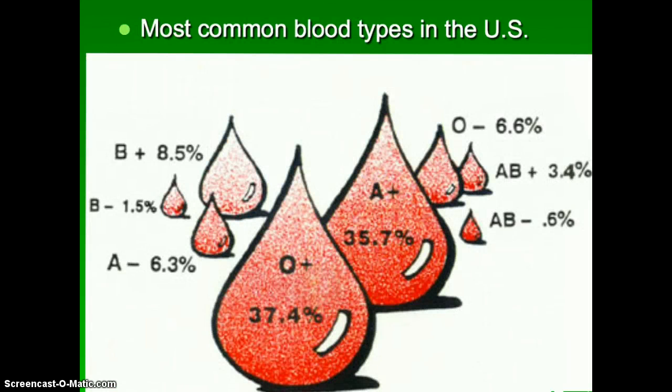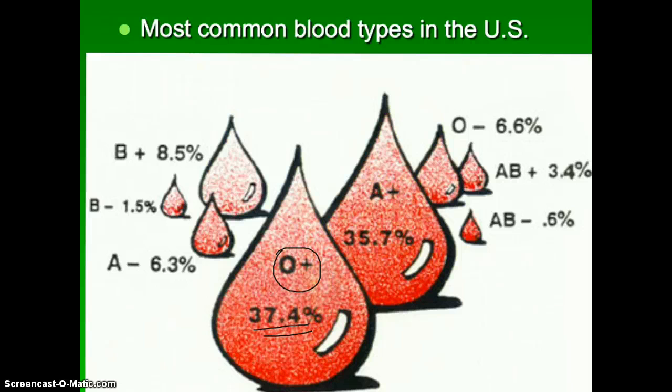Just a little screenshot here. What are the most common blood types in the US? Again, notice our O positive blood type in the middle here. And the nice thing about that, again, is O is the universal donor for all the other blood types. It makes sense that we're positive versus negative, that dominant allele for positive.